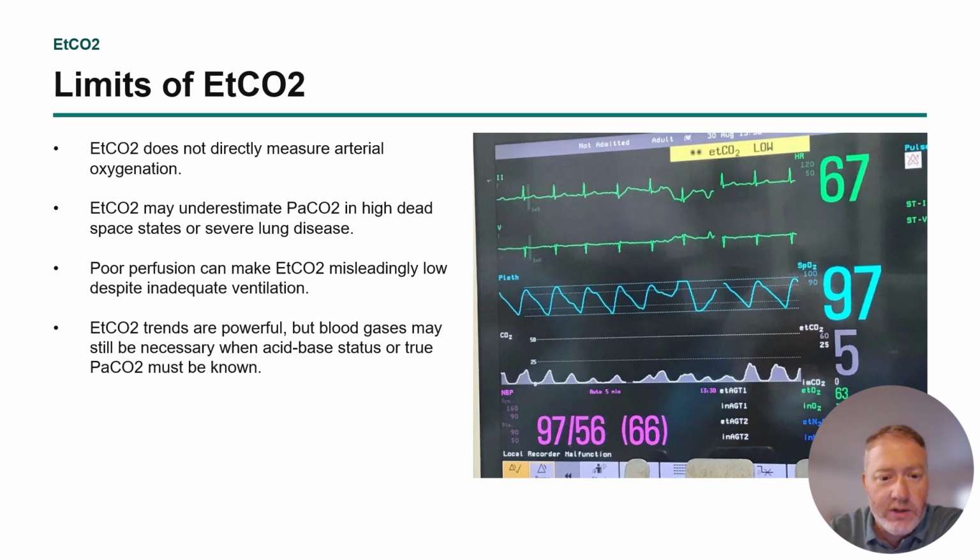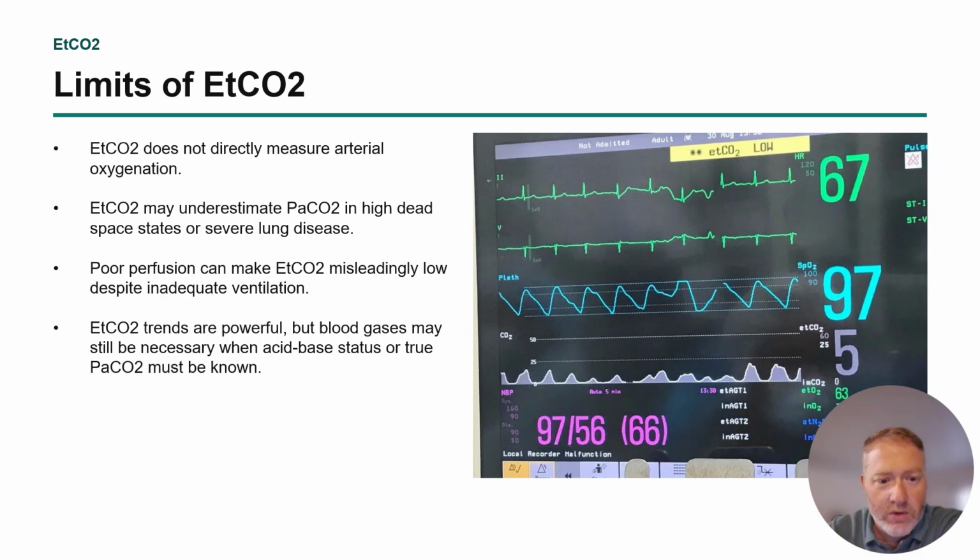It doesn't directly measure arterial oxygenation, of course. And here you see in the picture that I stole, it's reading 5, and you see the waveform is pretty shoddy, kind of like a shark fin, but it's just not reliable. And these things are awfully finicky.